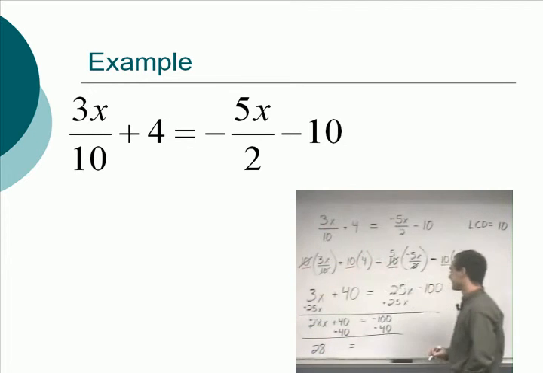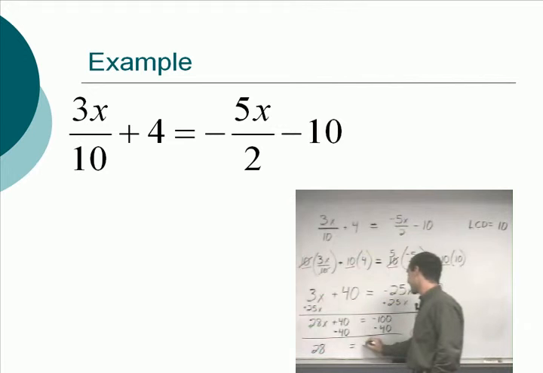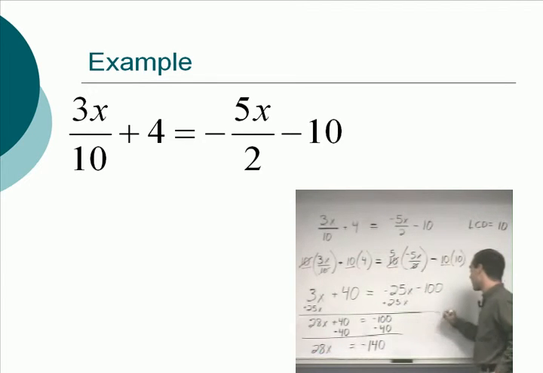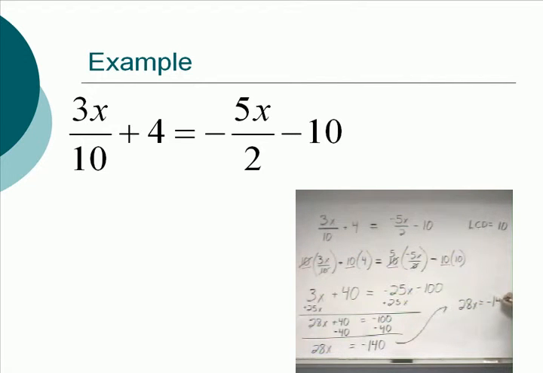Okay, 28x equals negative 140. Let's scoot over here to finish that up. 28x. Negative 5. X is negative 5.